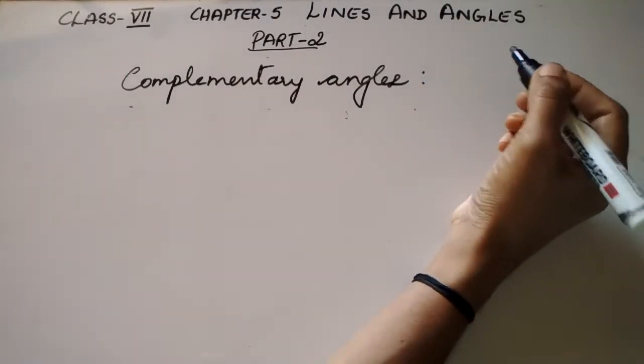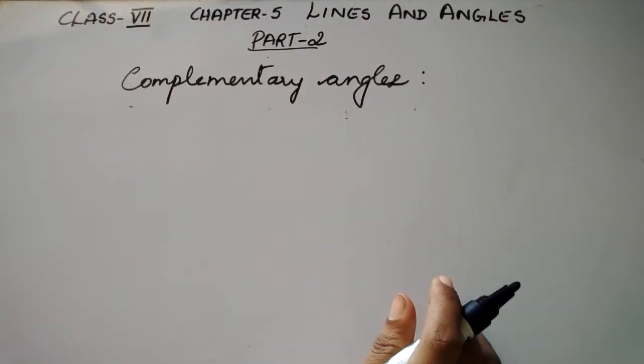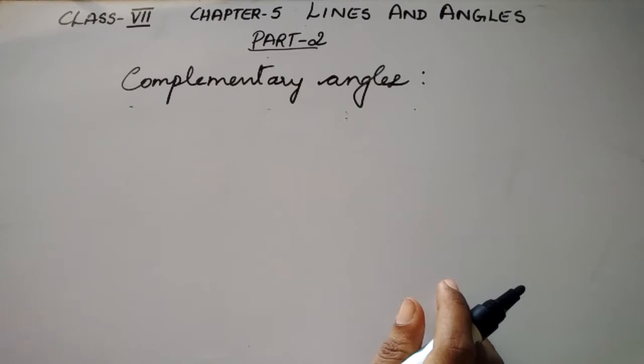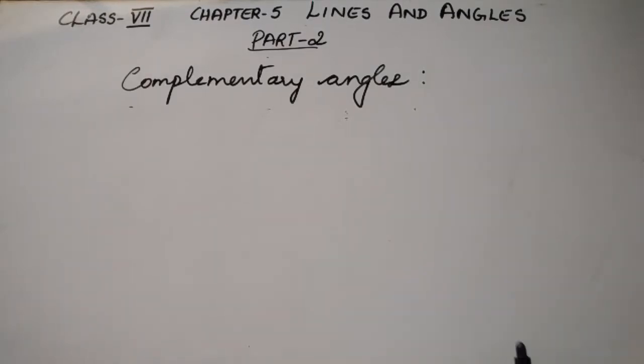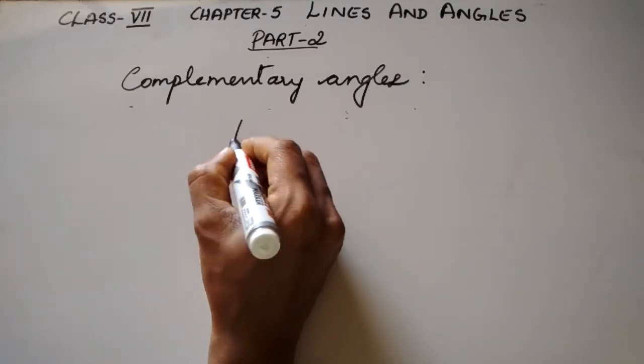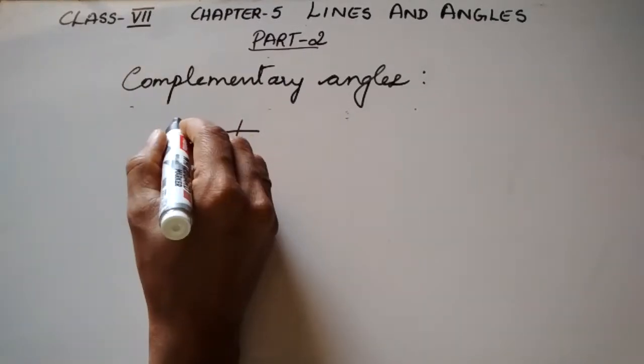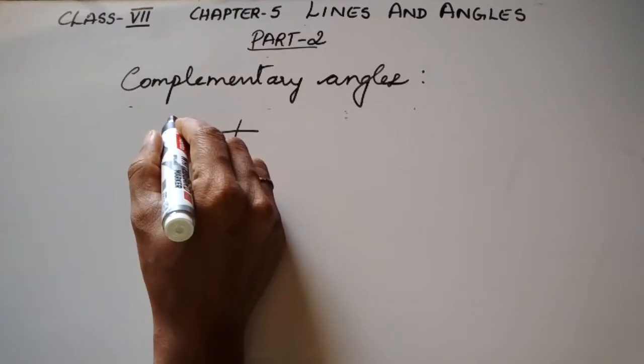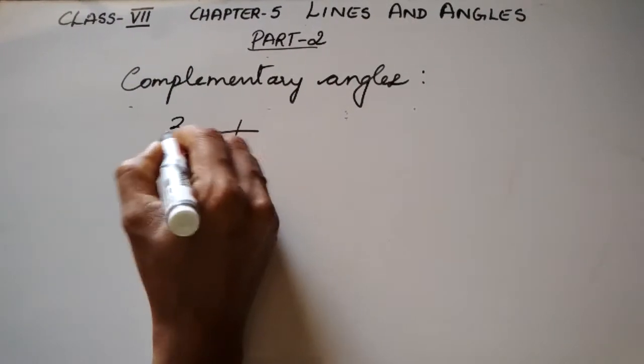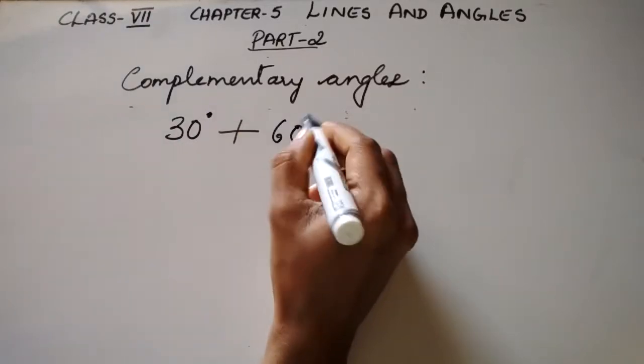Complementary angles are formed when the sum of measures of two angles is 90 degrees. Sum of measures of two angles, which means sum means addition, isn't it? Two angles. For example, I'll take 30 degree and 60 degree.